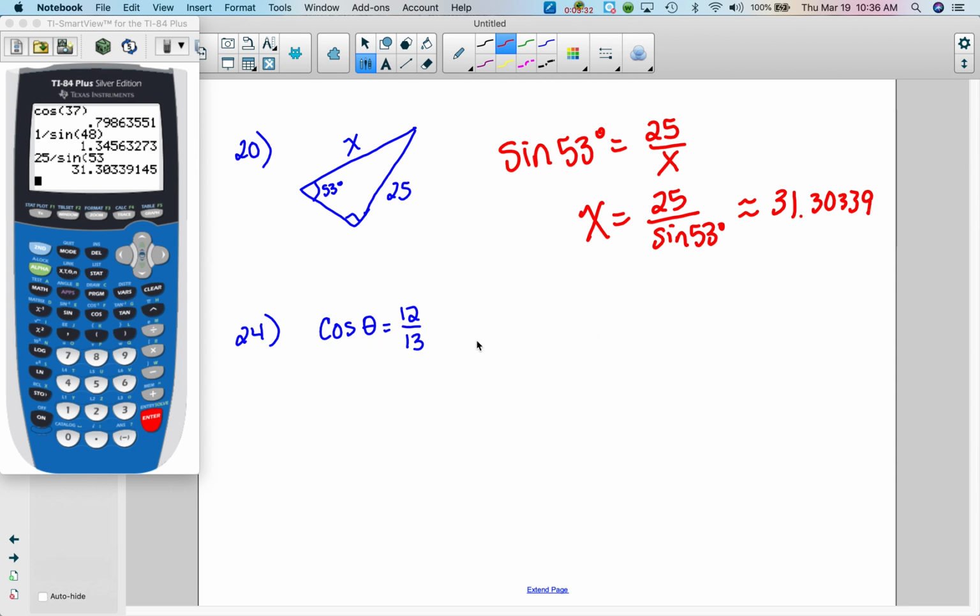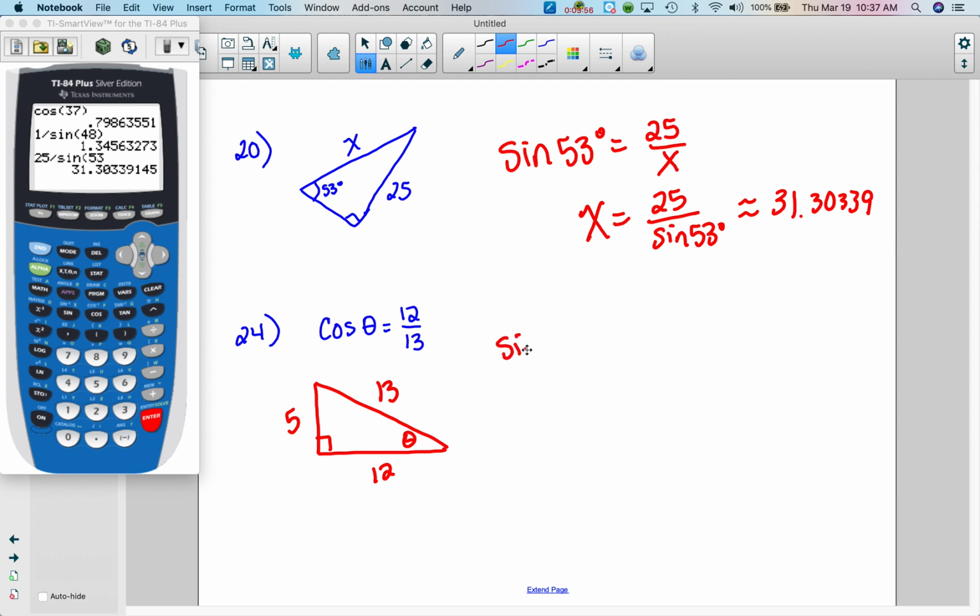This one, you are asked to find the other trig functions. So you want to start by drawing a triangle, and most of you did. Actually, this one wasn't bad. But there's one thing I want to point out that is a big deal. So if this is 12 and 13, using the Pythagorean theorem, you can figure out this is 5. It worked out nicely. Sometimes it ends up being a square root, and you saw something like that.